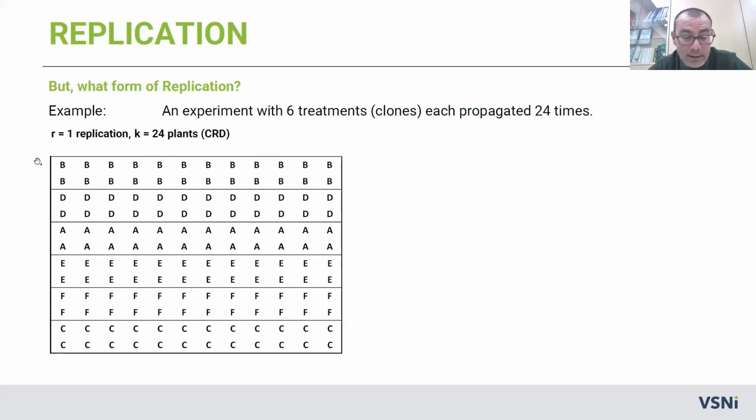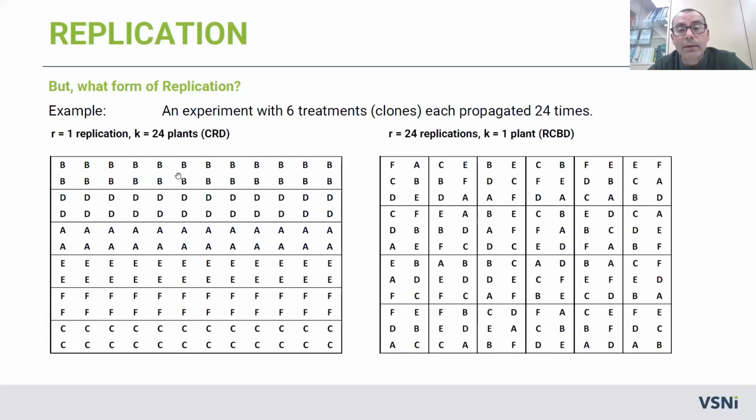Somebody suggested this to me, and it's actually totally wrong because in this case, I have no replication because each individual is only once, even though I have 24 plants within the plot. So the 24 is the pseudo replication in this particular case. Now you can expand this to the extreme case, where we have replication and each of the individual plants in one rep.